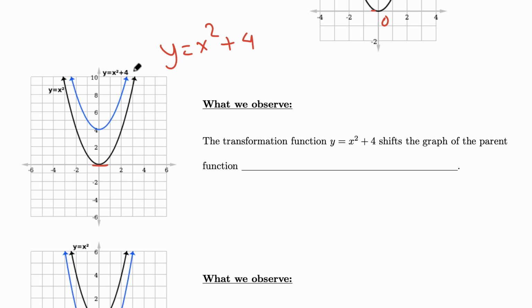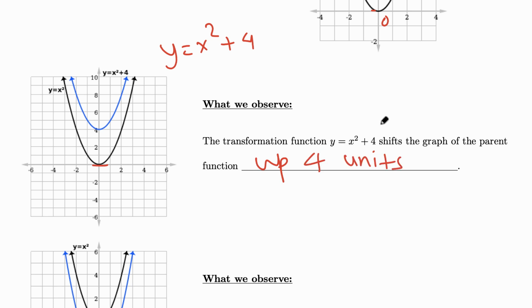So this is parent function y equals x squared, and now we got a transformation y equals x squared plus 4. What does this do? It shifts the function up 4 units.